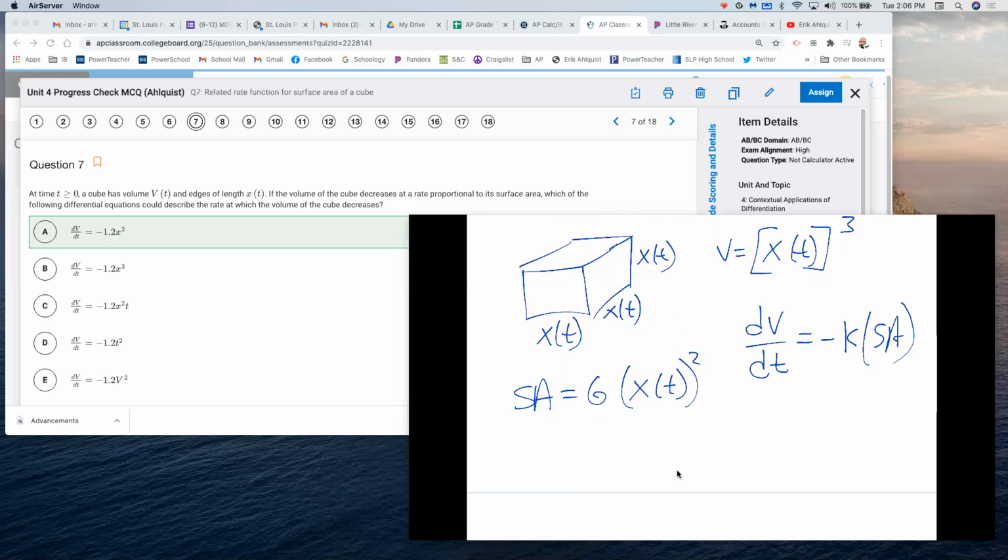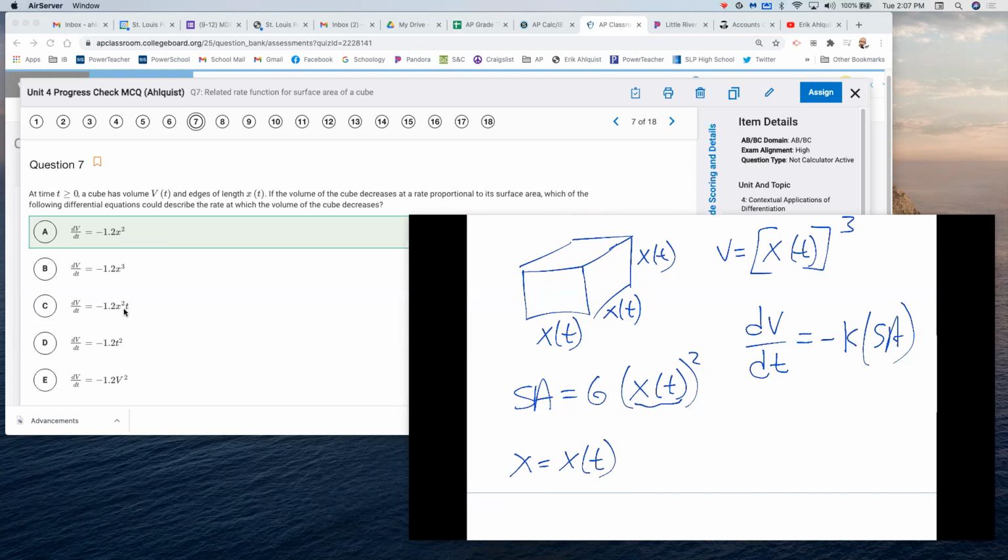Well, if you think about what that is, there's only one answer that has x squared in it, right? Well, there's an x squared with t, but that t is a different t. This one is actually x times t. That's different. See, in this problem, x is essentially equal to x of t because it's just saying it's a function of t.